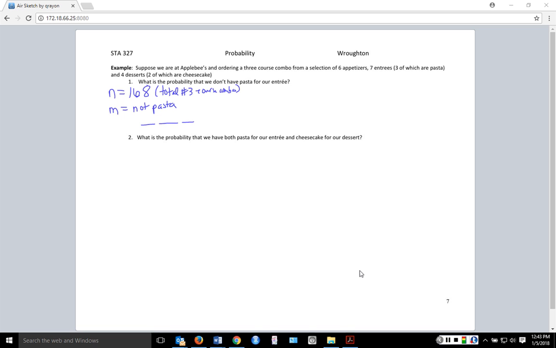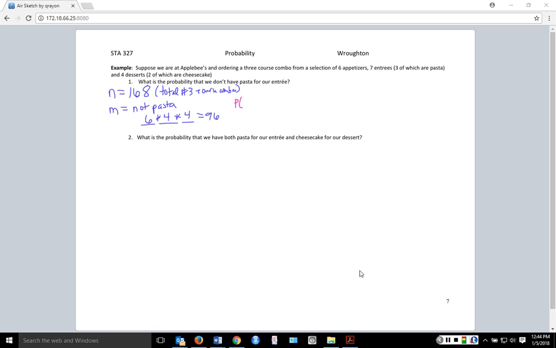So how many different appetizers can I pick from? All 6, right? Those aren't pasta. 7 entrees, 3 of them are pasta. So I have 4 that I can choose from. And I have a total of 4 desserts because none of those are pasta. So I'm going to be able to choose all 4 of those. Again, multiplication rule, since I'm selecting an appetizer and an entree and a dessert, to give me 96.